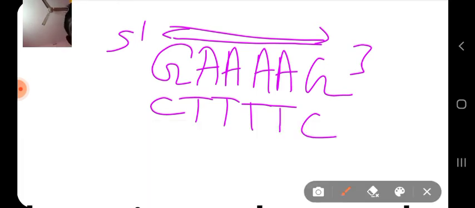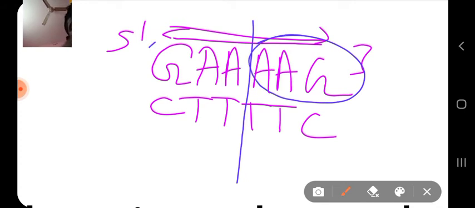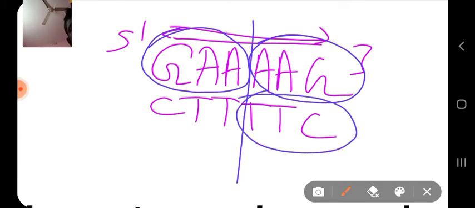What does palindromic with rotational symmetry mean? In palindromic sequence, the base sequence in the second half is the mirror image of the base sequence in the first half. You see them? It just looks like a mirror image. But I have said that restriction endonuclease enzyme observes the recognition sequence that is palindromic in nature with rotational symmetry.